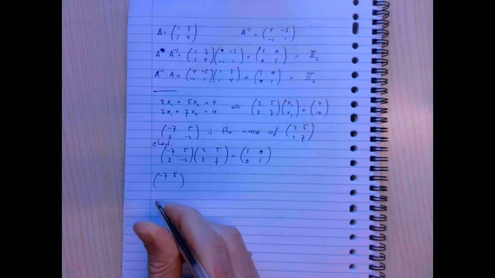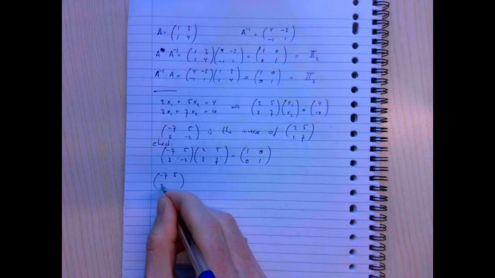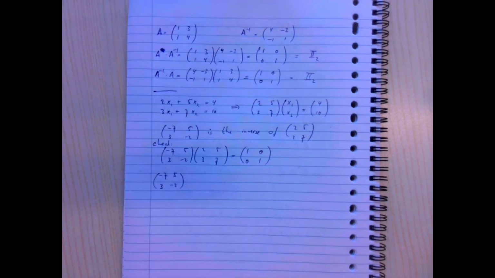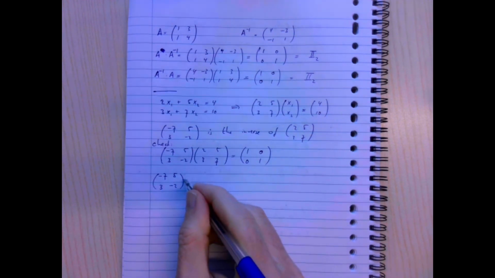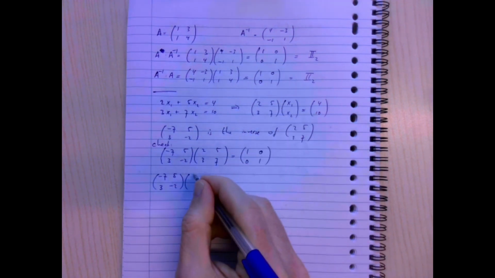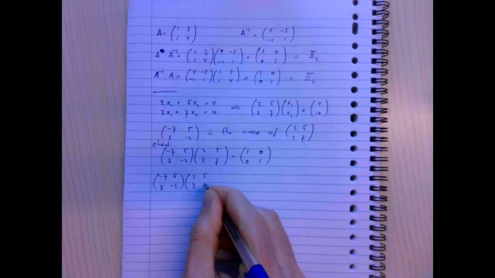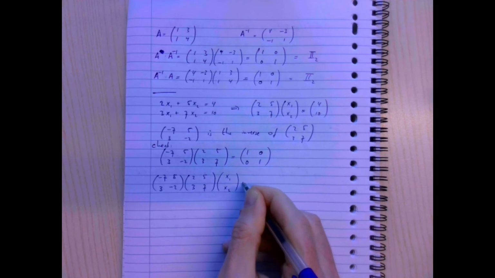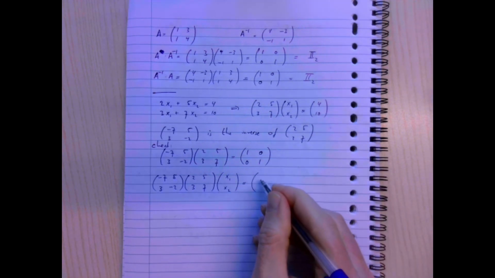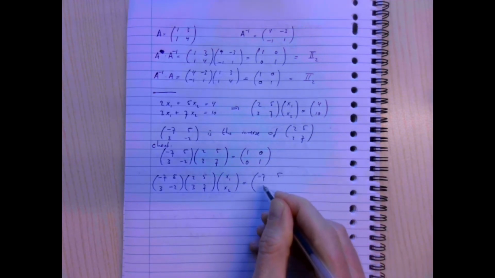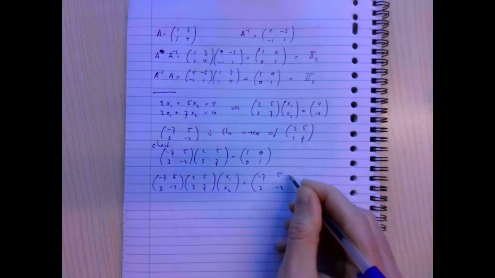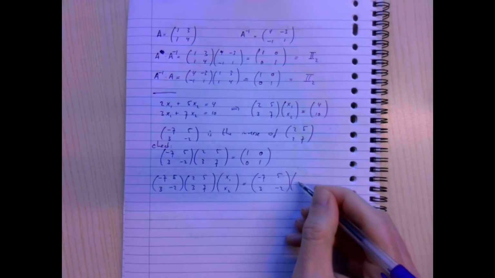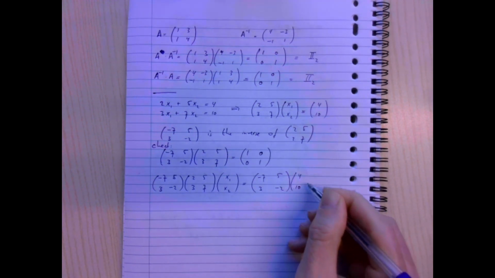The inverse matrix [-7, 5; 3, -2] multiplied by the left-hand side, [2, 5; 3, 7] times [x1, x2], equals, and I'm also multiplying the right-hand side by that same inverse matrix, times the column vector B, which is [4, 10].